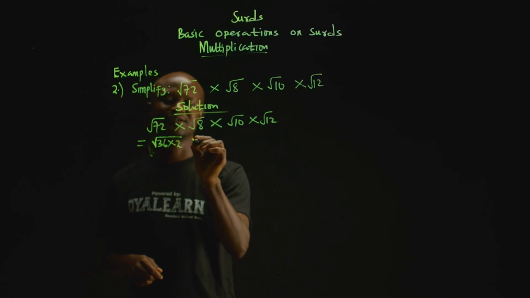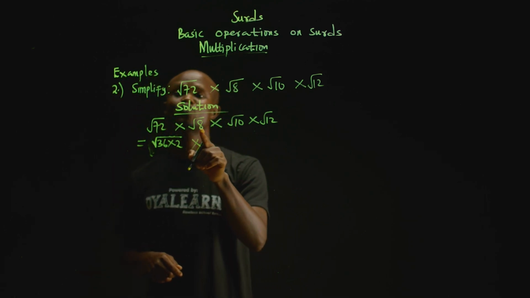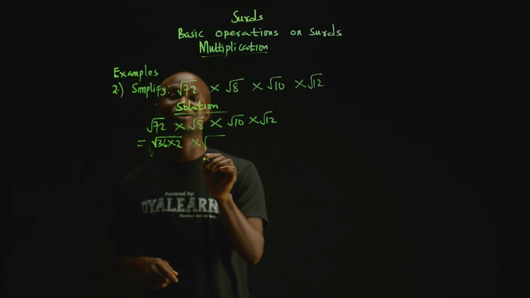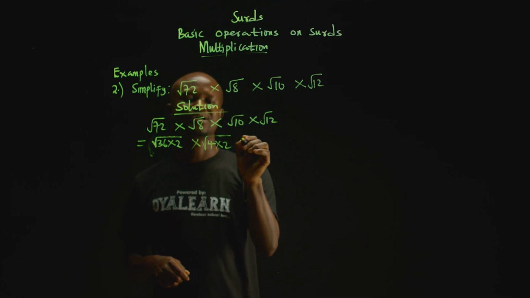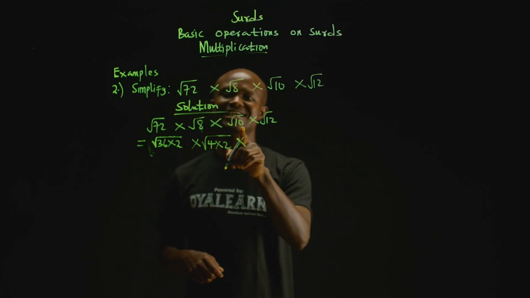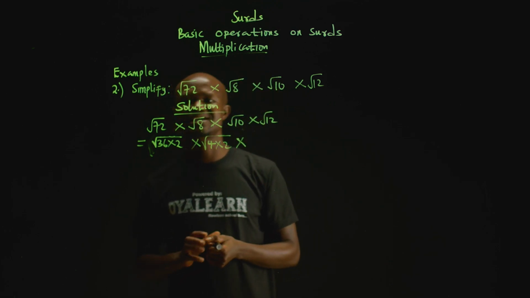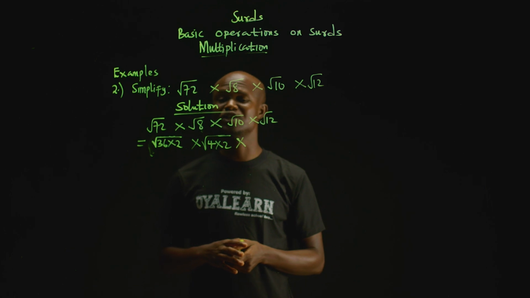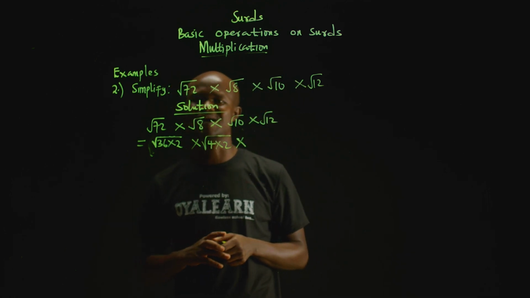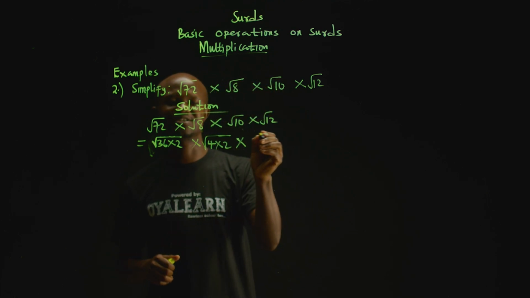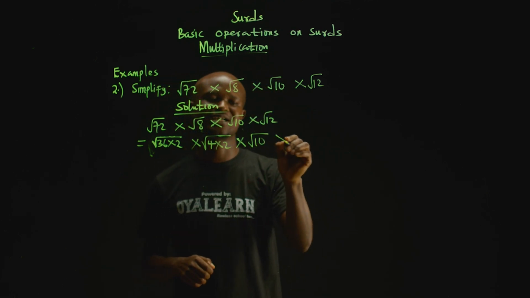Then we have square root of 8. The highest perfect square number is 4. This is 4 times 2. For 10 here, 10 is a non-perfect square number, and the highest perfect square number you can get in 10 is 1. So it will still remain the same. So we have this as root 10.